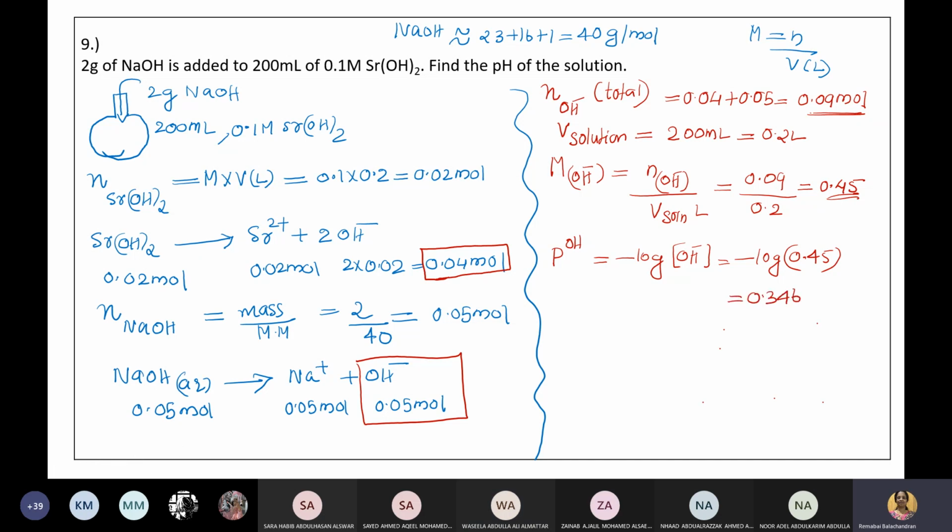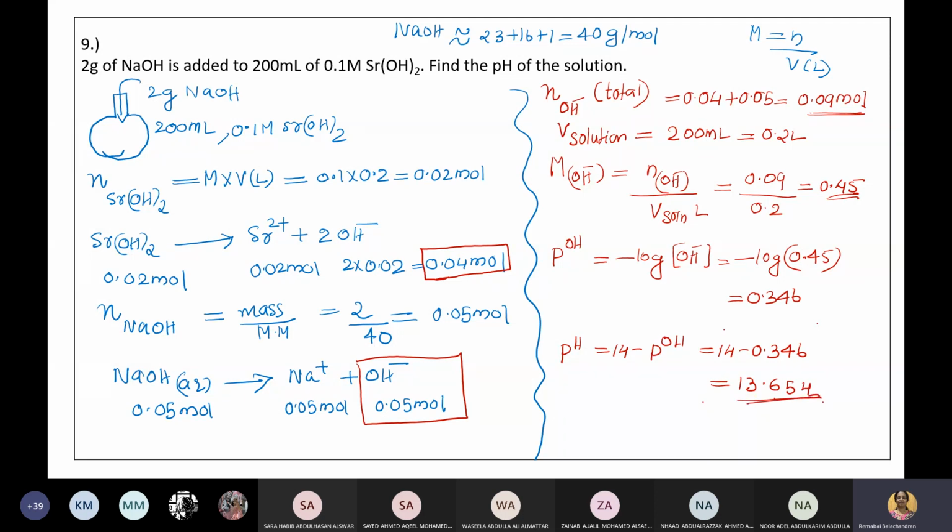So how do I find pH? pH is equal to 14 minus pOH, that's 14 minus 0.346, which is equal to 13.654.